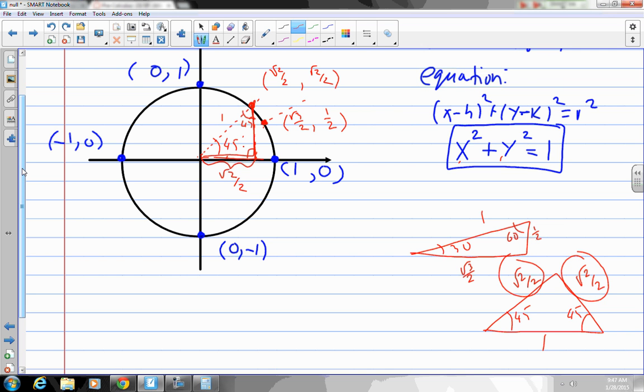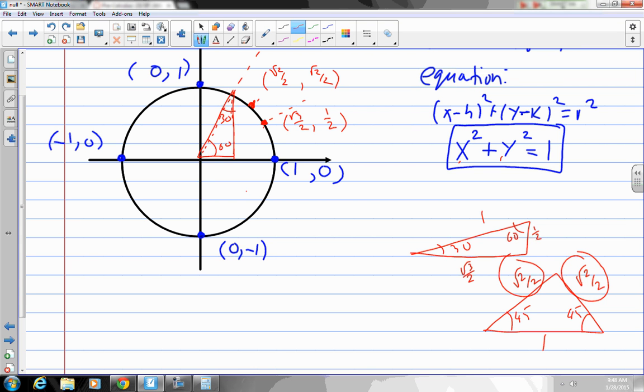Okay? I'm going to do the same thing again. Now I'm going to draw a line under the 60-degree angle. So again, if I drop a height, I'll get my 30-60-90-degree triangle again.